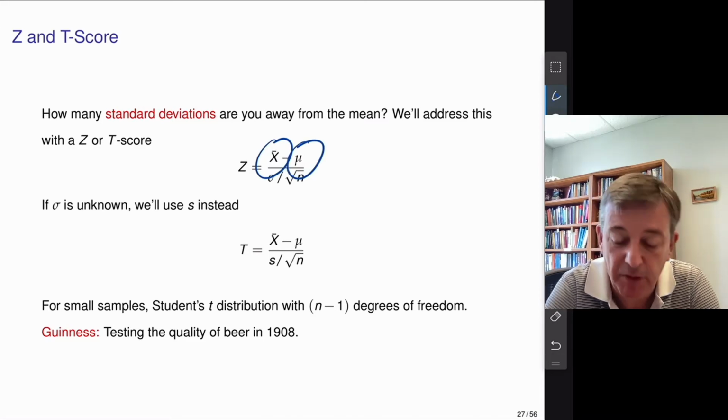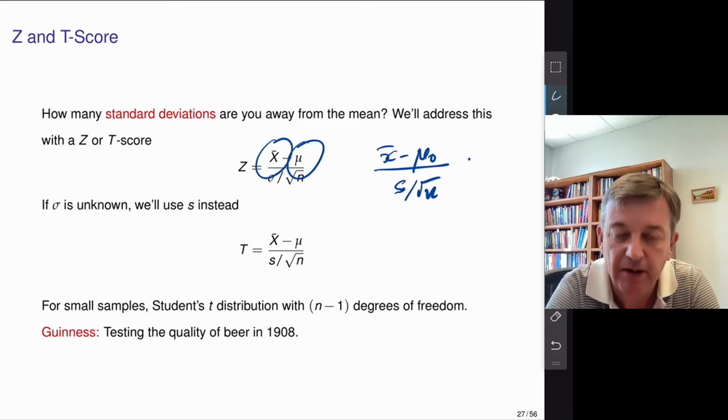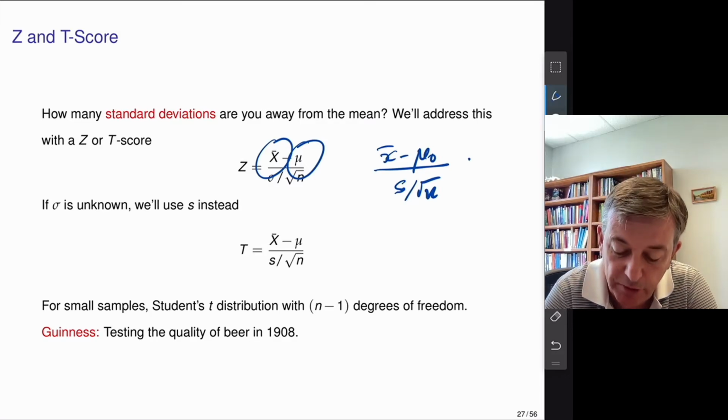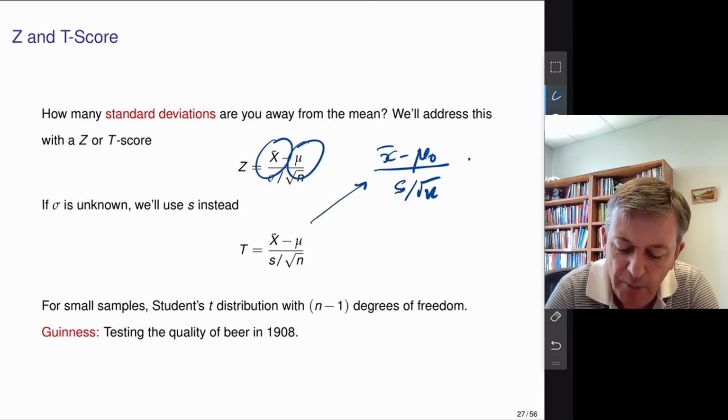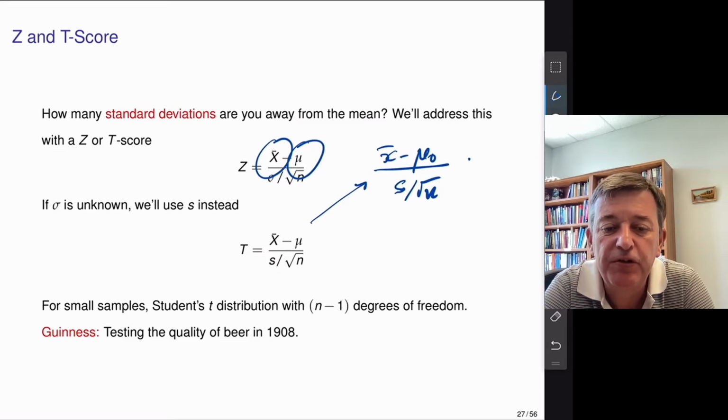So typically we'll replace mu by mu0, x by the sample observation, sigma by an estimate of its standard deviation, and we'll calculate a z or a t-score. When sigma's been estimated by s, we'll call it a t-score.